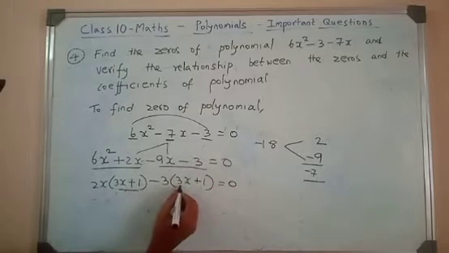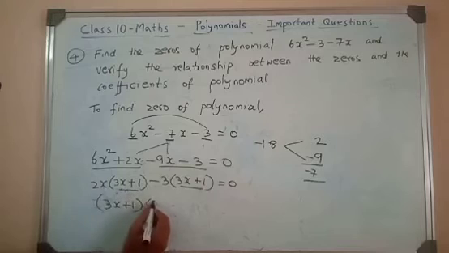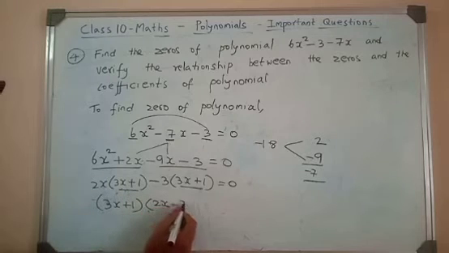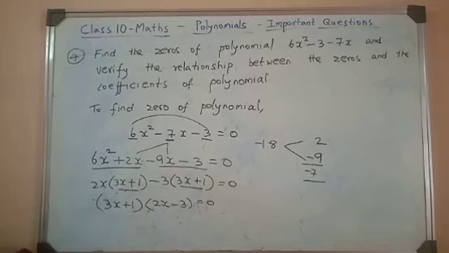Now 3x plus 1 is common, so taking 3x plus 1 out, the remaining will be 2x minus 3 is equal to 0. Separately, if we equate to 0, 3x plus 1 is equal to 0, 3x is equal to minus 1, x is equal to minus 1 by 3.